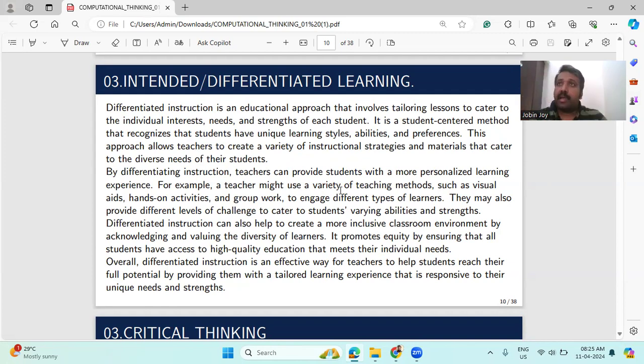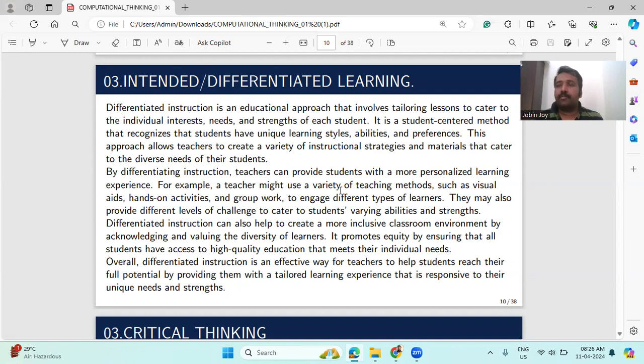In that scenario, you have to apply a variety of teaching methods. Say, if I'm continuously lecturing inside my classroom, what will happen? Let us take another example.